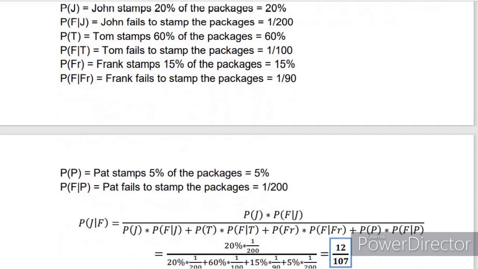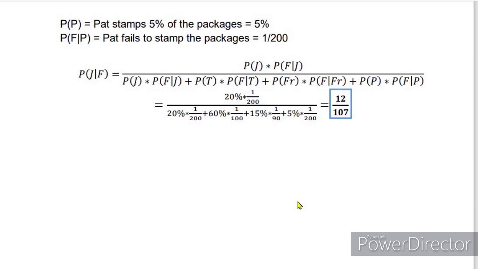Here, we will use the formula for Bayes' theorem. The probability of John given fails is equal to, in the numerator, John, because it is what is being asked in the problem: the probability that John stamps the package multiplied by the probability that John fails to stamp.